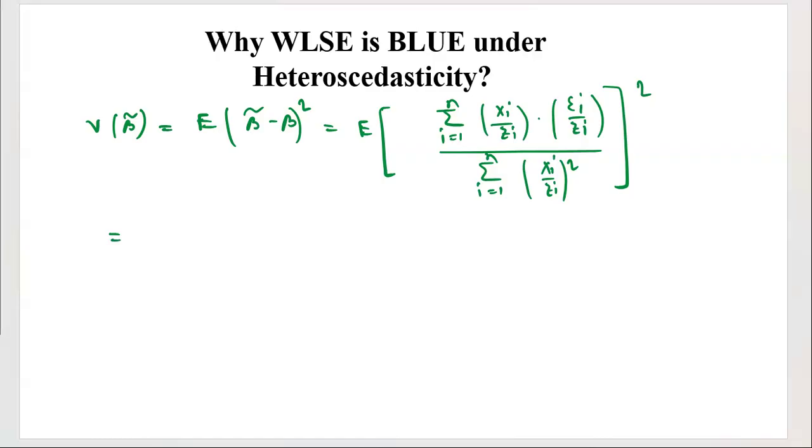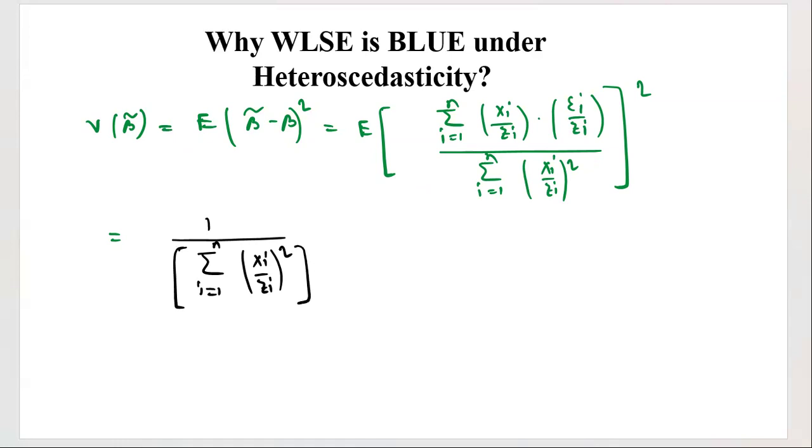Now whatever terms are constant will come out, whatever terms you have in terms of xi, zi will come out. And this will give you 1 upon summation i from 1 to n, xi upon zi whole square, of that.